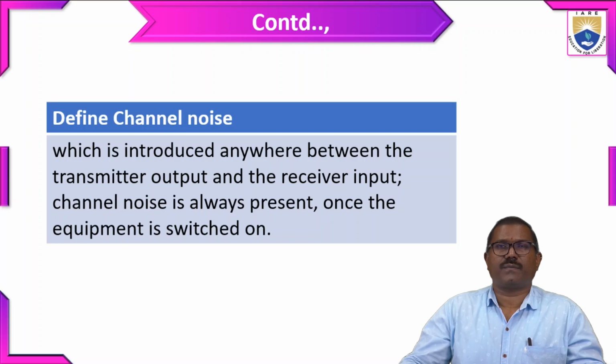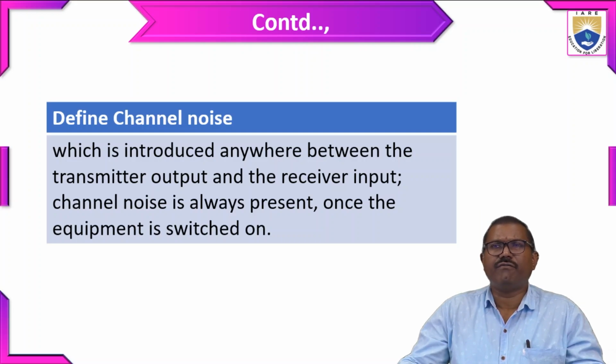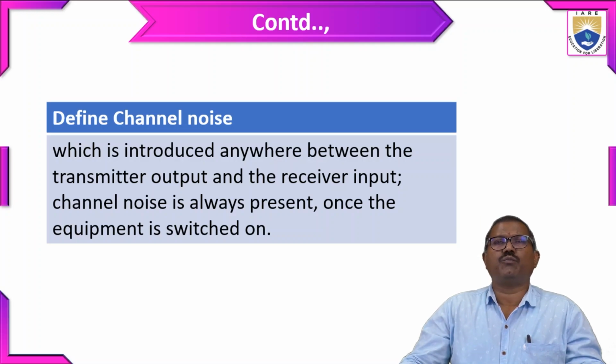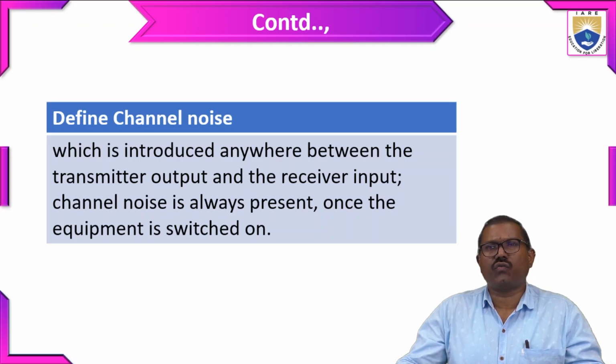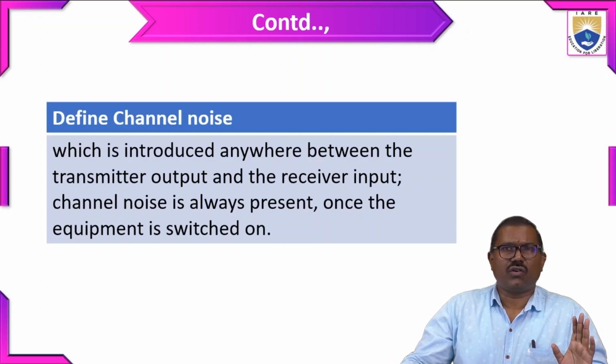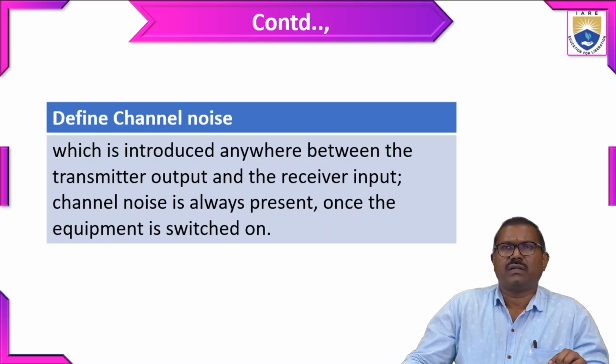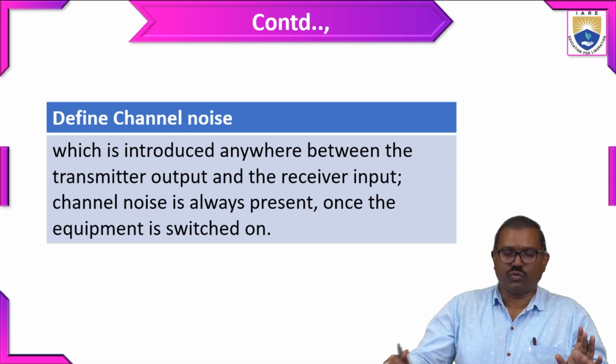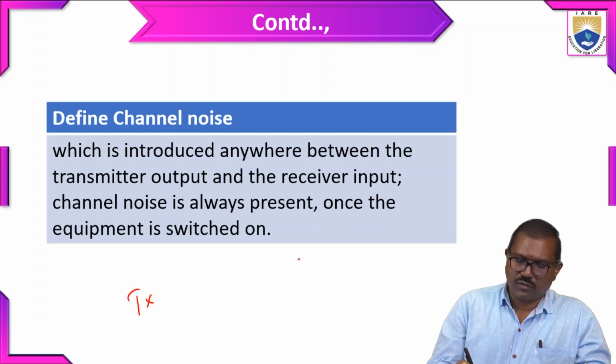Define channel noise. Channel noise is introduced anywhere between the transmitter output and the receiver input. The channel noise is always present once the equipment is switched on. So here this is the transmitter and this is the receiver.